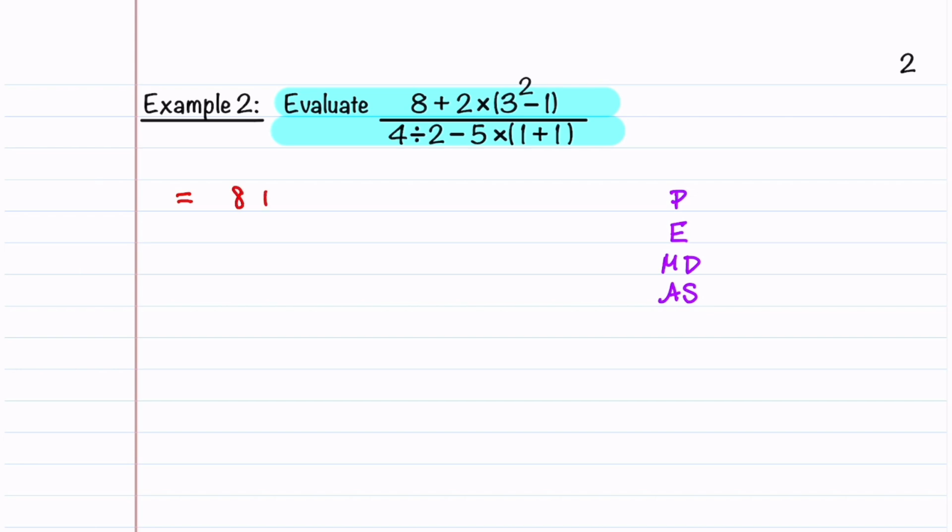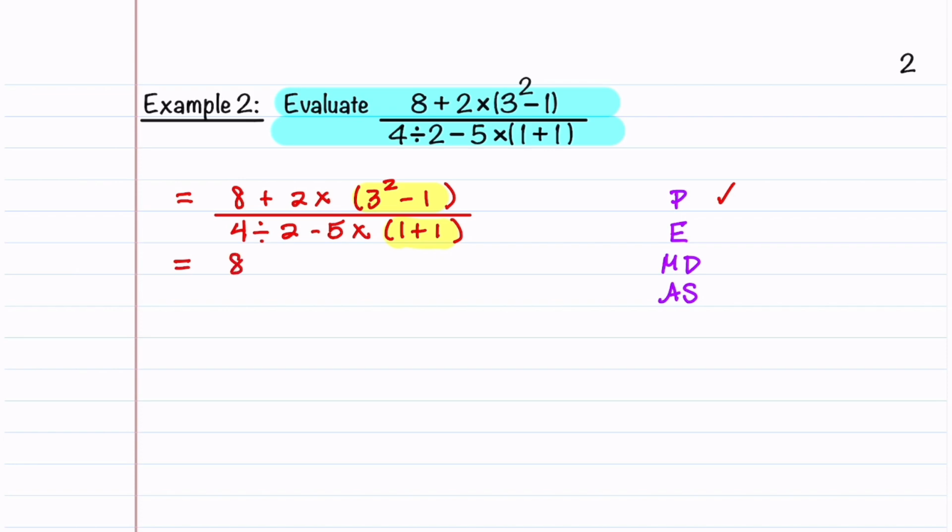We're going to solve 8 plus 2 times 3 squared minus 1, all divided by 4 divided by 2 minus 5 times 1 plus 1. We'll first evaluate what's inside each set of parentheses.